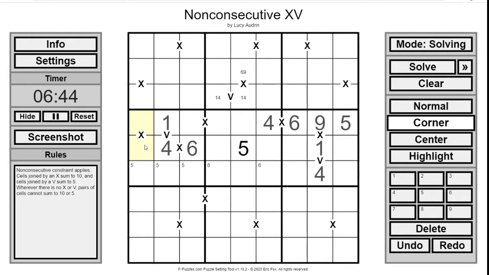Yeah, 3, 7, or 2, 8. But the way it's laid out is interesting. 3, 7 this way, or 2, 8 this way are the only ways of doing those.